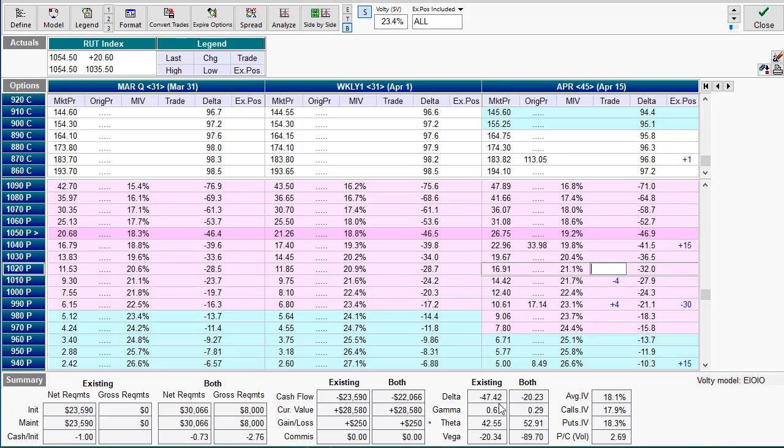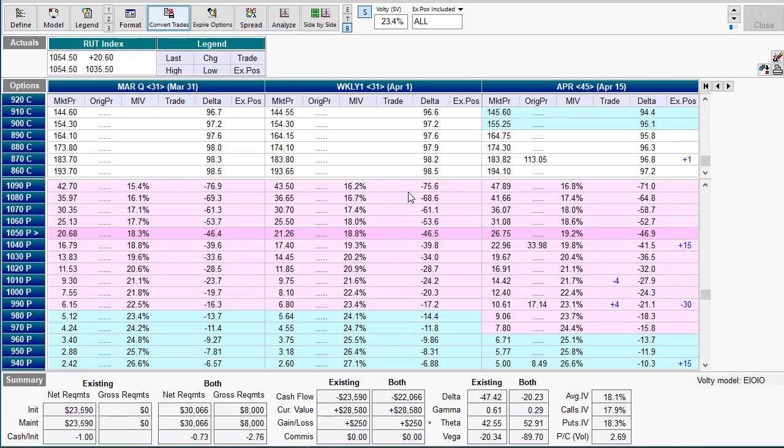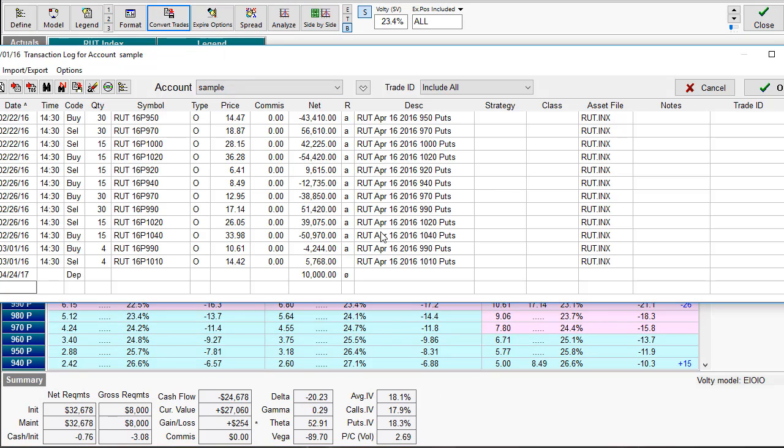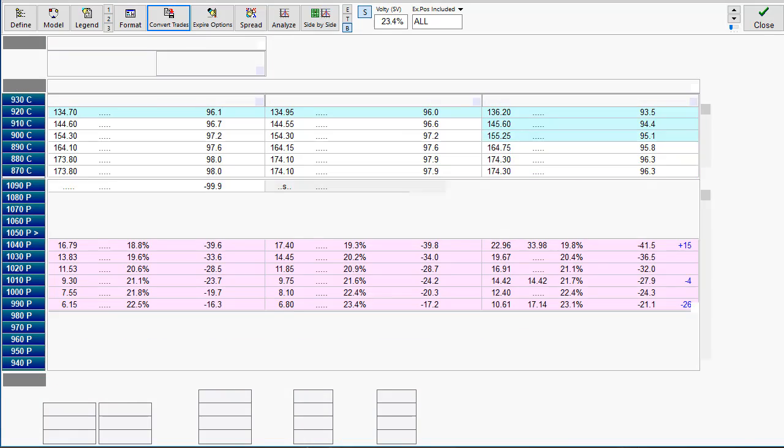And the barometer I'm using is we're cutting this in half. We're saying now I can handle a move continuing to the upside while still keeping the profit potential underneath. Convert that trade, come to the trade log, add that. All right, and then we'll just move a couple more days into the future.